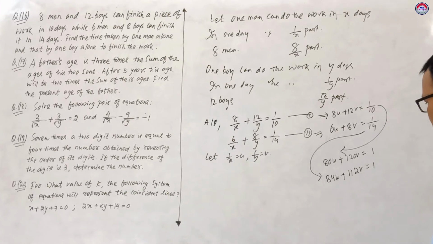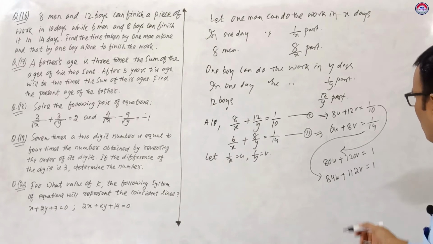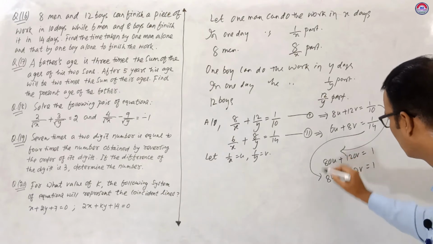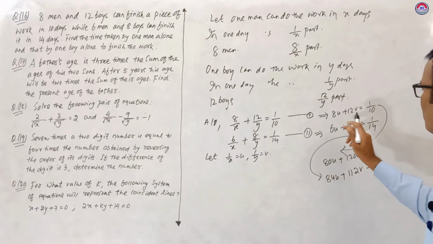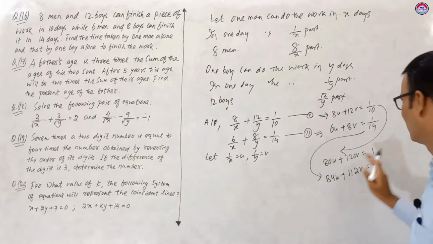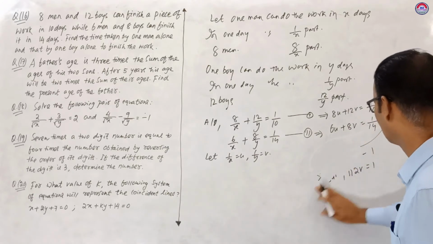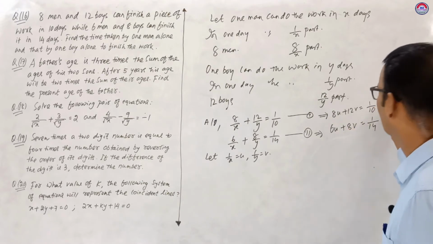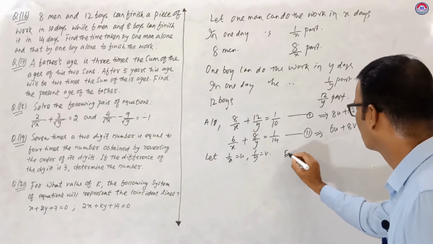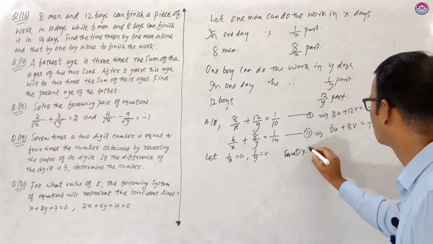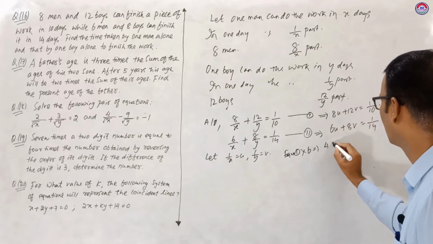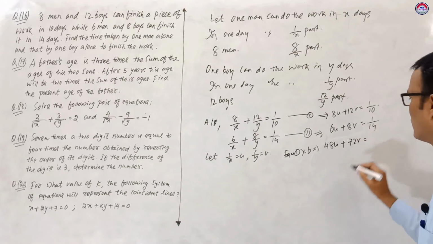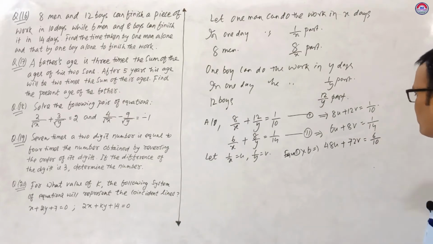Now you can solve it by equalizing the coefficients, and it will be better if we equalize this one. Don't write this equation. Here you can do equation 1 into 6, so it will be 48U plus 72V equal to 6 by 10.